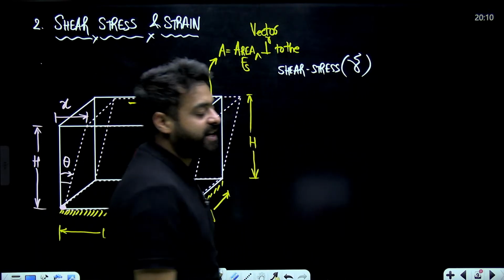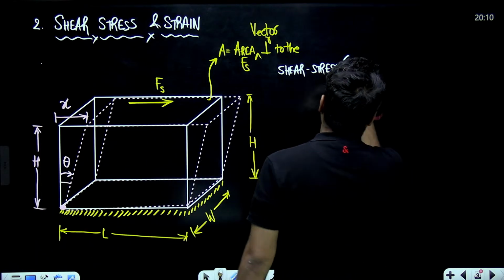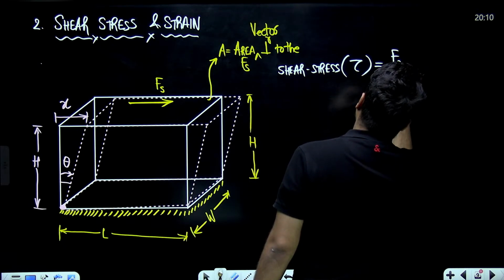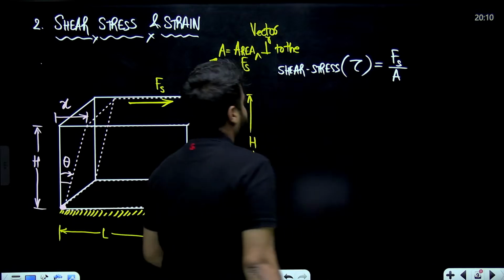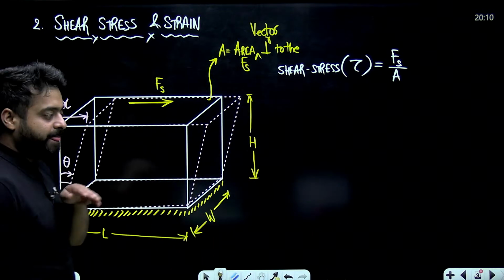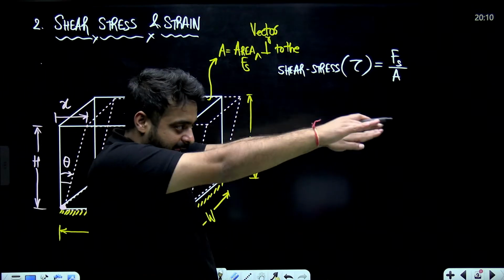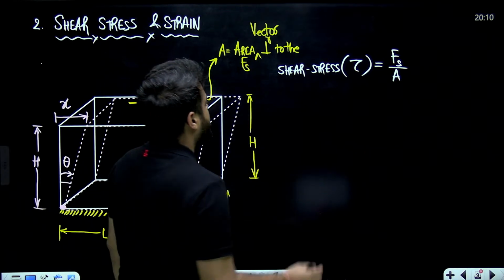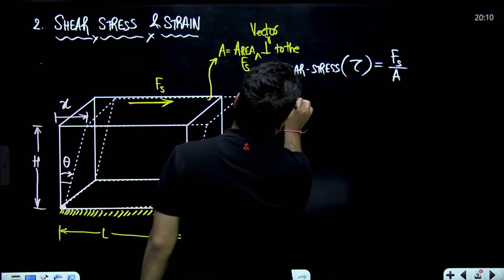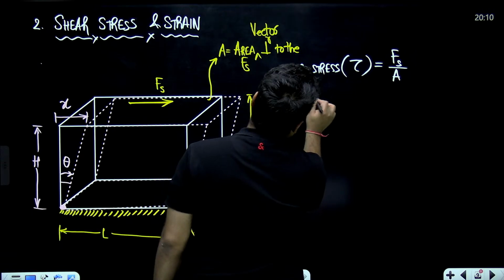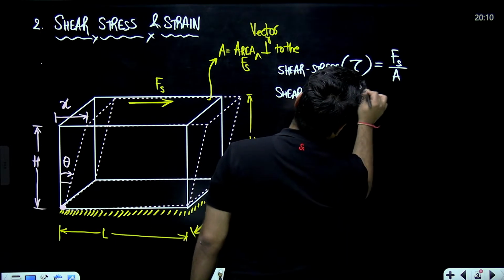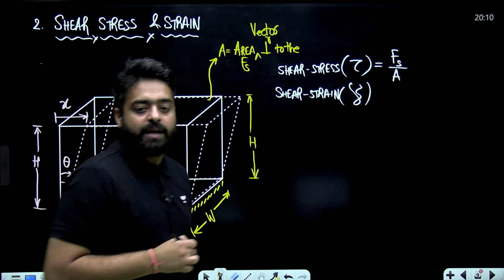The shear stress, tau, is the shear force applied on the body with respect to area A, the force applied on that area layer. And the shear strain, which is symbolized with gamma, is basically what?